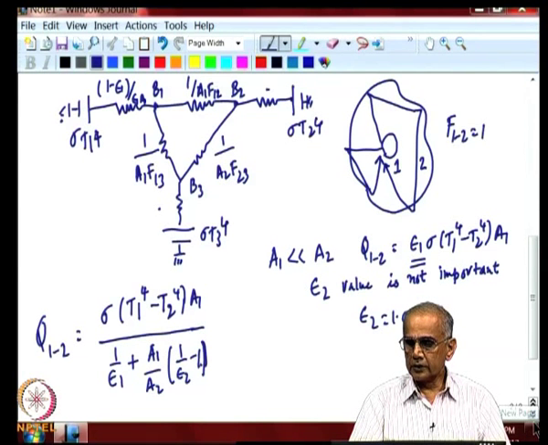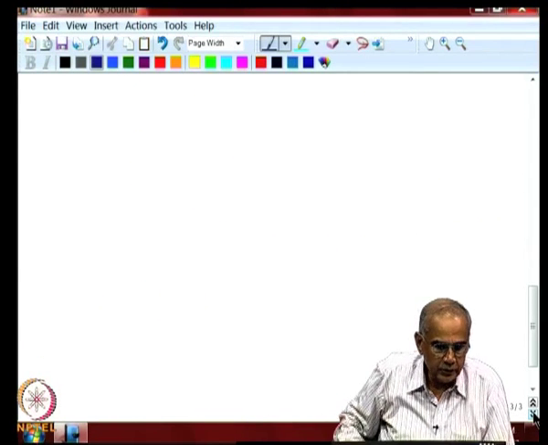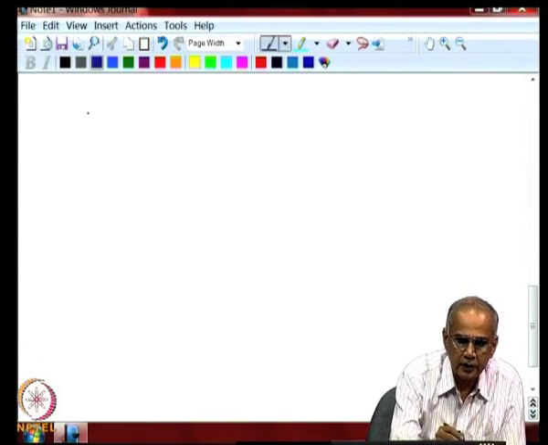Now, let us take another example, a more practical example of relevance to mechanical engineering, which is radiative transfer in furnaces.